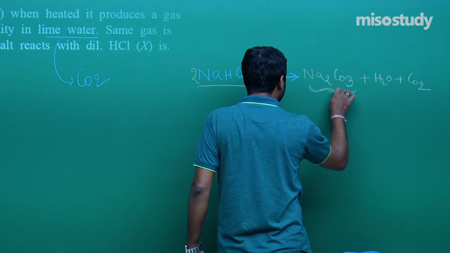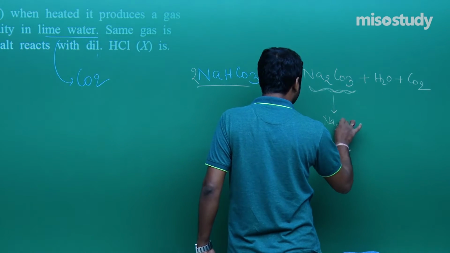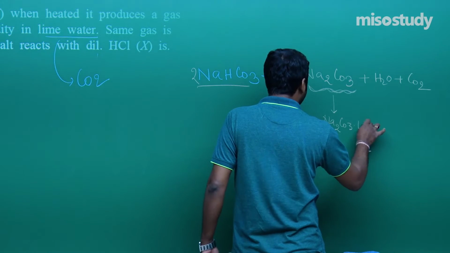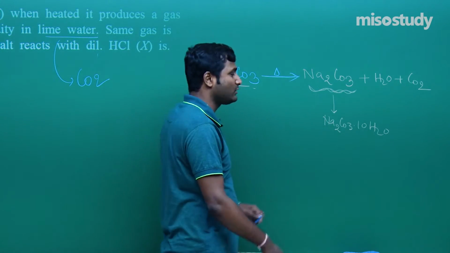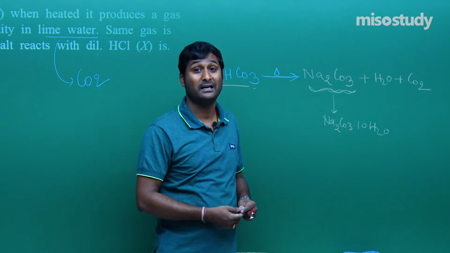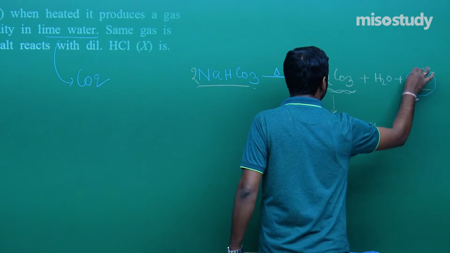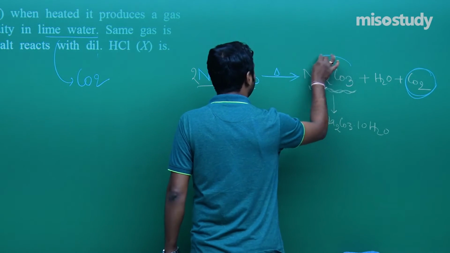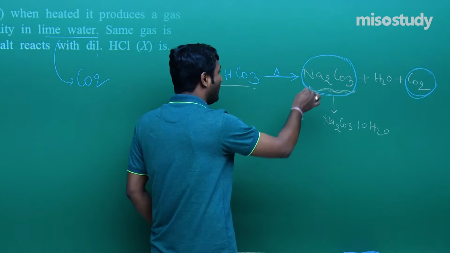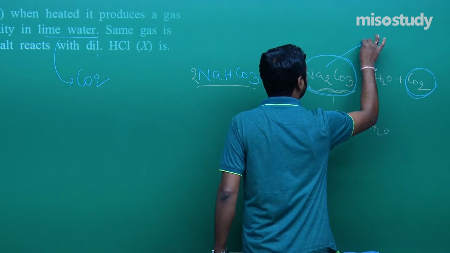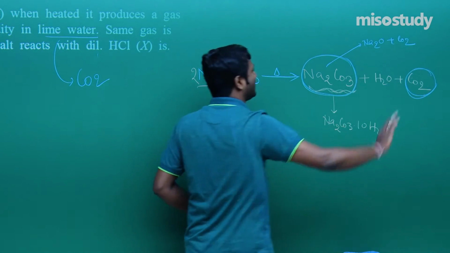This is washing soda, Na2CO3·10H2O, and we know baking soda can be converted to washing soda by simple heating, and the byproduct is CO2. But we know Na2CO3 is most stable, so there is less chance of breaking of Na2CO3 into Na2O plus CO2. So the first is not a correct option.